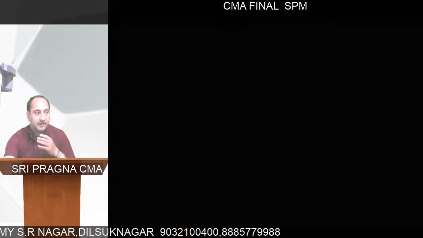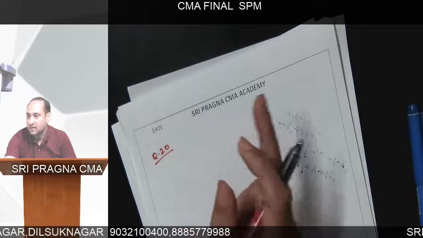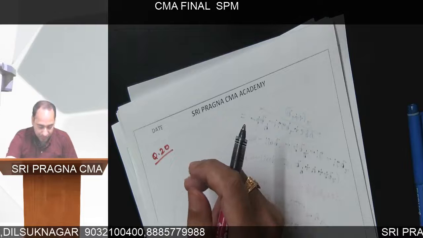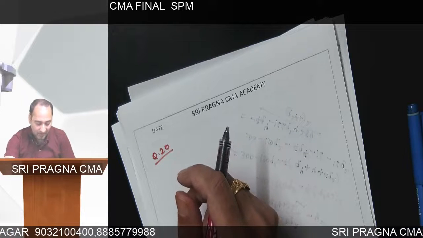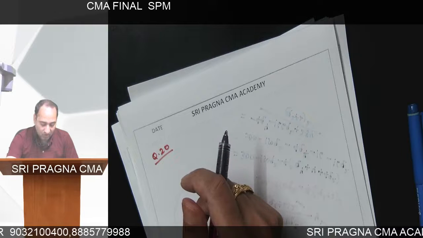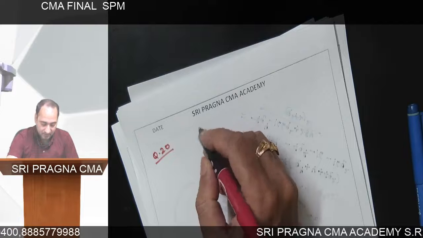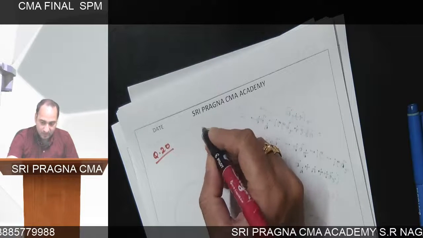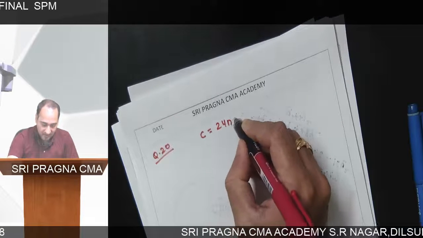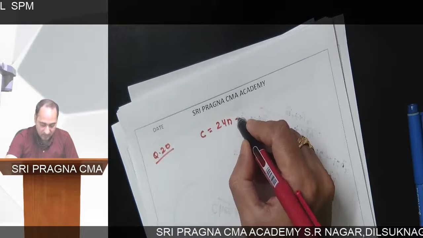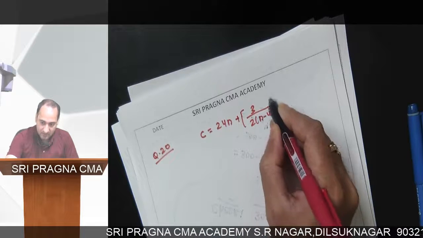So question number 20, as we discussed, let us do question number 20. The remaining are homework, up to question number 22. If n be the number of workers, the average cost of production is given by C equal to 24n plus 3 divided by 2n minus 4.